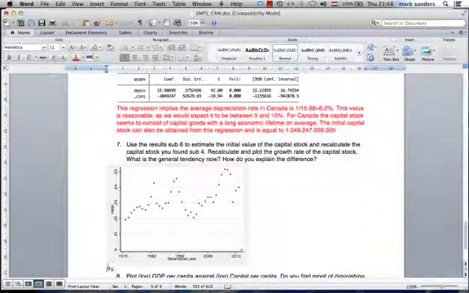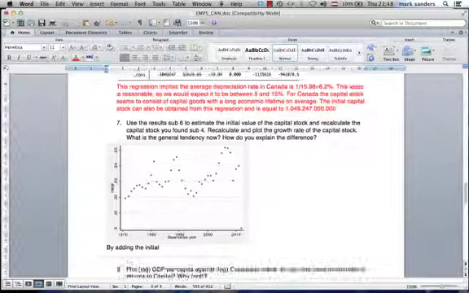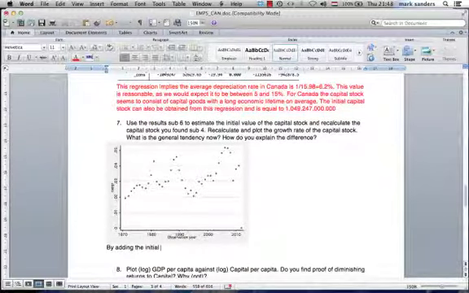By adding the initial level of capital to the quasi-capital computed under, where was it?